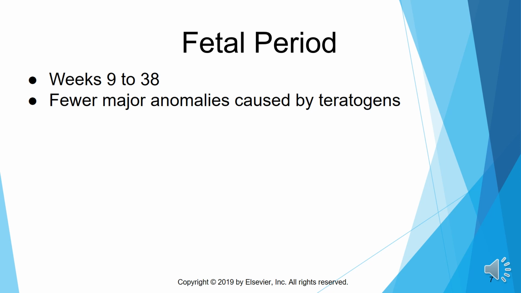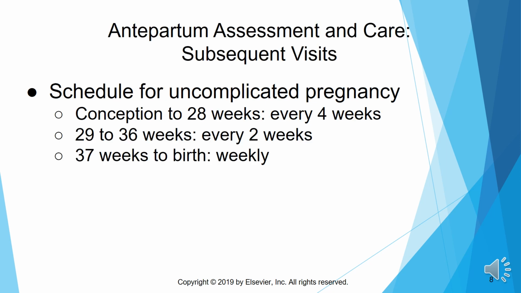We wouldn't have to worry as much. We're still concerned and still very careful, but the most intricate development happens during the embryonic period, and most people say to be safe after the first trimester, so up to 14 weeks. You really want to be careful.